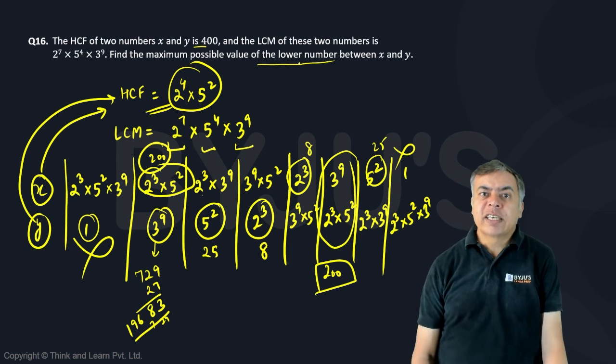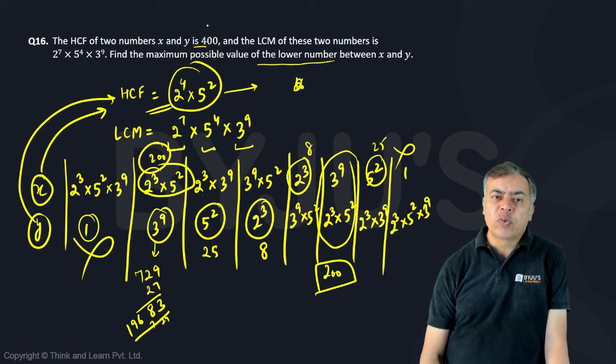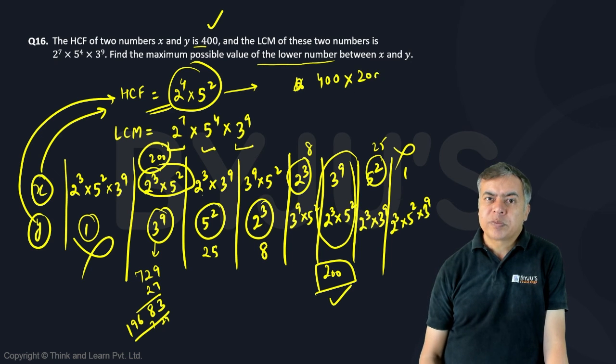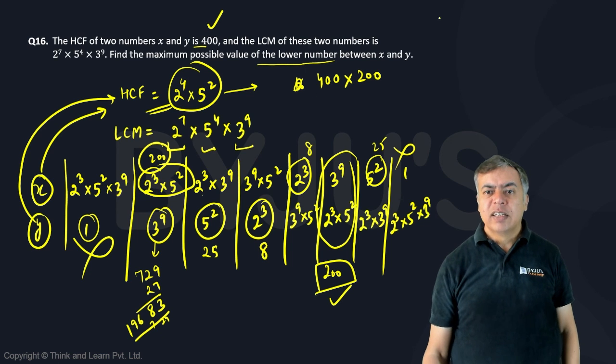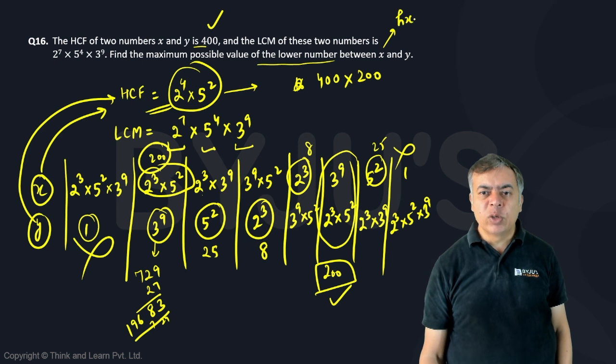So he is asking the lower value, which will have the HCF, that is the common part. So common part was 400, no need to multiply again, into this 200. Because I have taken these x and y as, if the common part is HCF, x as H into x1, y as H into y1.